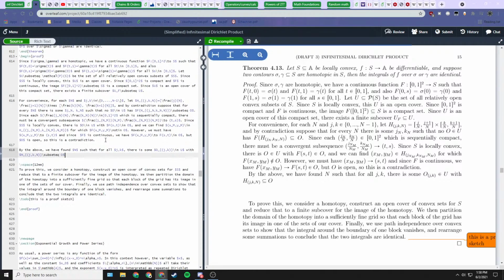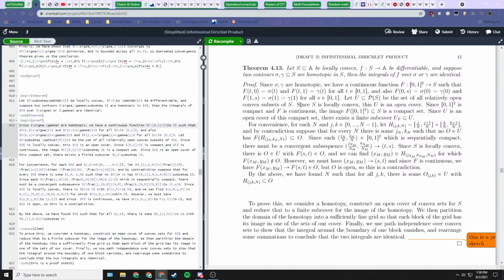So that's the first half. The first half is finding our partition that does this. And then the next half is actually about integration itself. It's a lot easier. So let's clean up also this first paragraph.